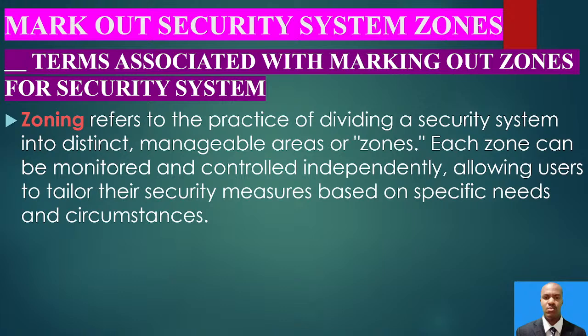So this is whereby if you have a given portion of area and you want to monitor the area through the security system, you'll have to employ something we call zoning. This is simply subdividing that given area into small manageable zones, whereby each specific zone has specific security features, and now with zoning it becomes easy to install and also to monitor each zone independently.